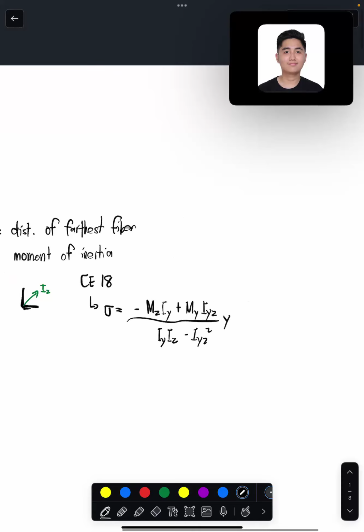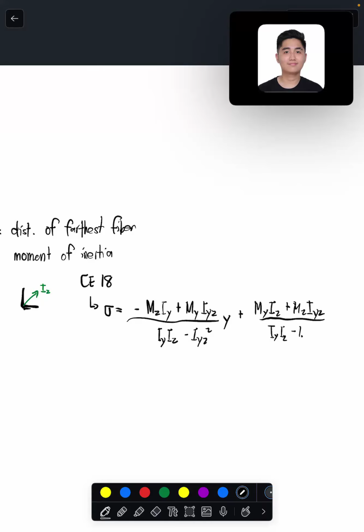So, meron kang ganito, then meron kang ganito. So, lahat ito ay magre-reflect eventually dun sa code provisions, particularly dun sa angle na member.